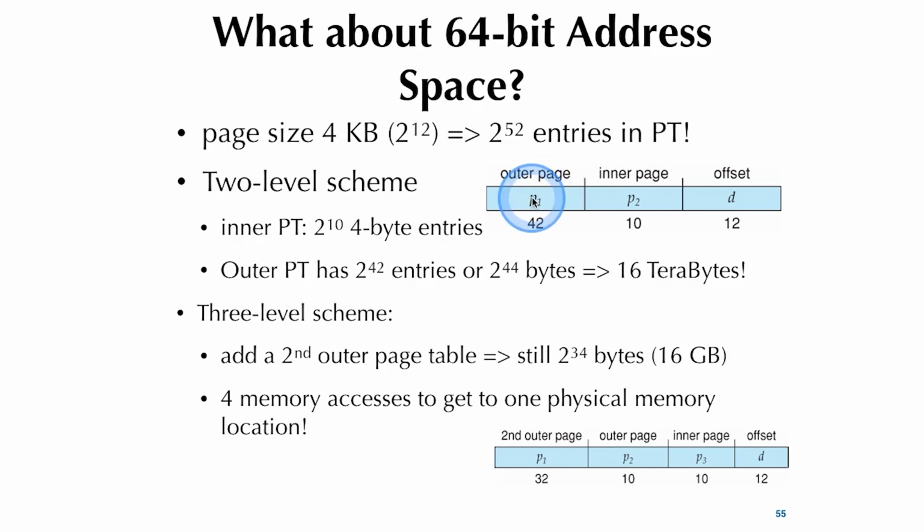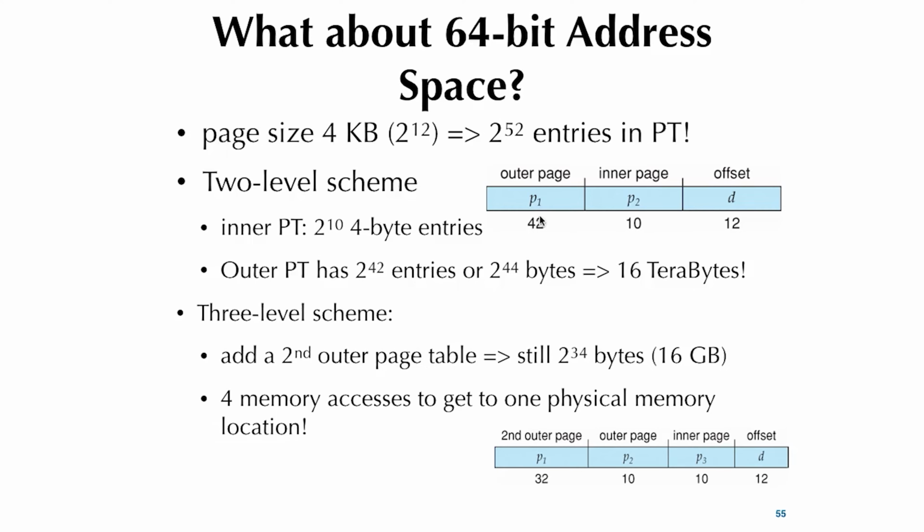So that means you have the outer page table still very big, right? So how big? Well, if you remove 12 bits for the offset within the page and 10 bits for the offset within the inner page table, then you still have 42 bits for the outer page. So 2 to the 42 entries, that's a lot, right?